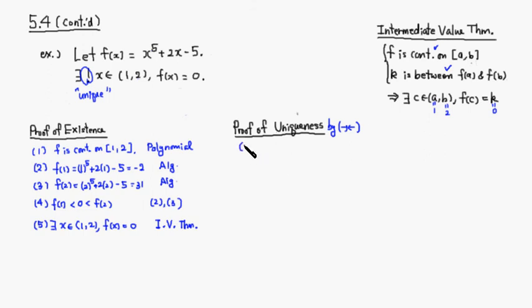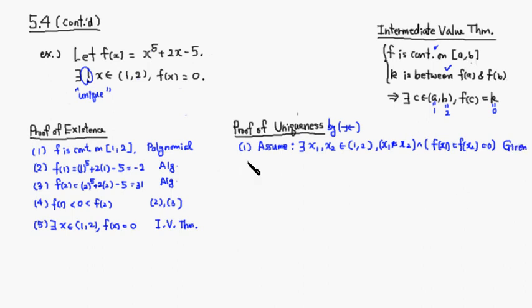So line 1: we assume there exist a couple numbers, say x1 and x2, which are between 1 and 2, such that x1 and x2 are different, and at the same time f(x1) and also f(x2) give you 0. This is just a given.